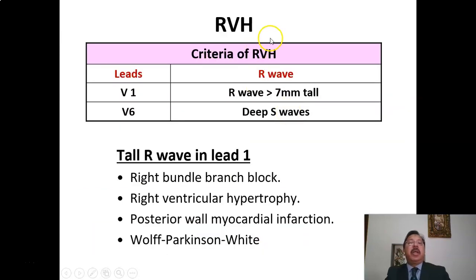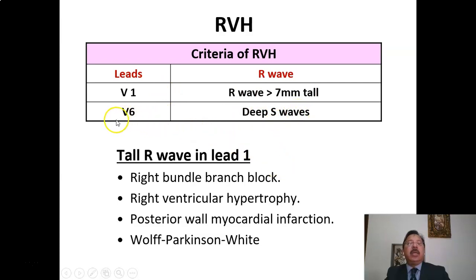So again, the voltage criteria for right ventricular hypertrophy: if in lead V1 the R wave is tall, more than 7 mm, and it's narrow, it's your right ventricular hypertrophy. And there may be an associated deep S wave in V6.